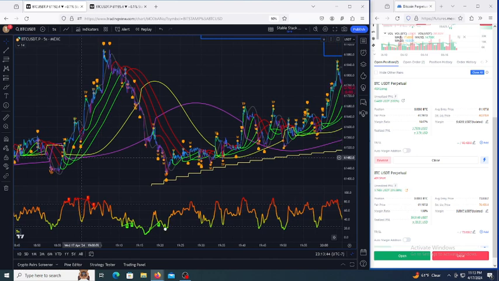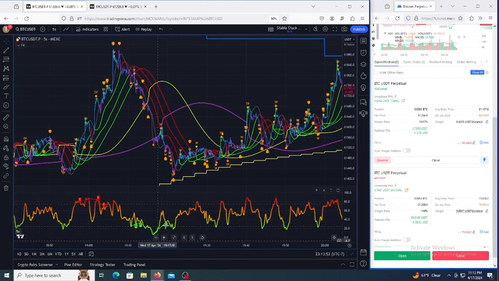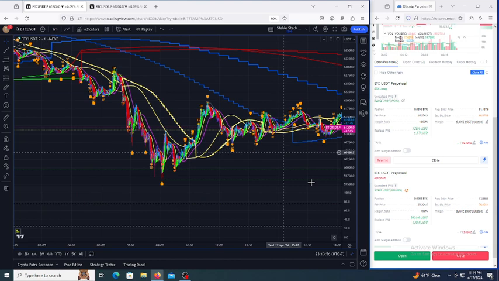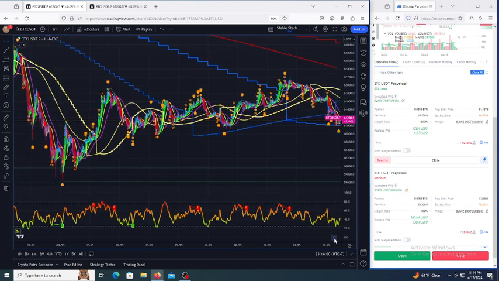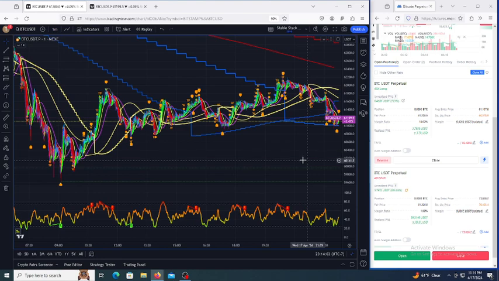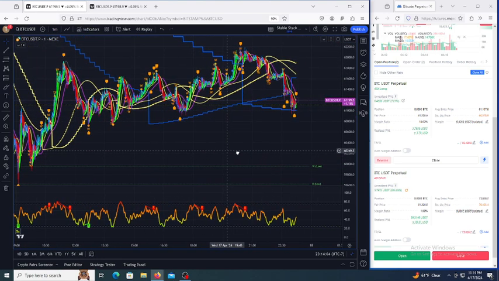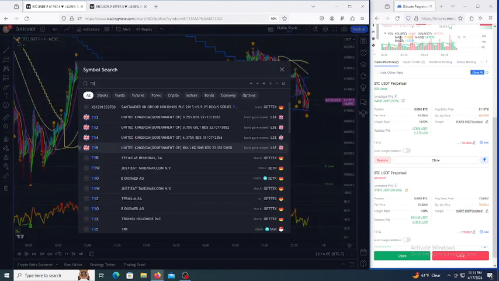So I suggest just load this indicator, load it how I showed you, have some history on it, so you can see where the last move was, whether the last hit was to the upside or to the downside.